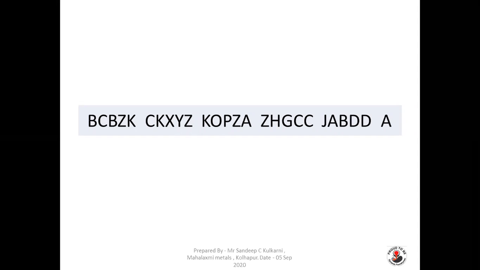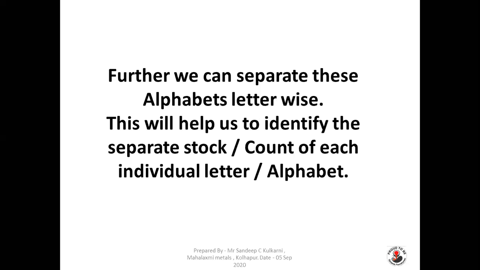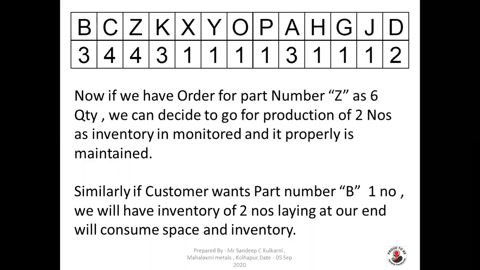Here, you cannot say how much is your inventory and how much has to be produced to fulfill the customer's requirement. But by separating it or arranging it letter-wise, you can easily do it. Now I have done it here. B is 3, C has 4, Z has 4. So these 26 are divided like that.